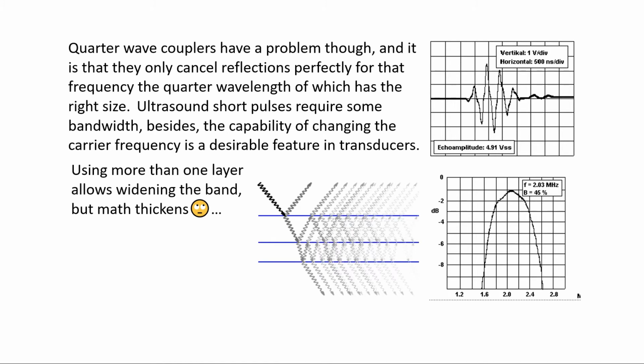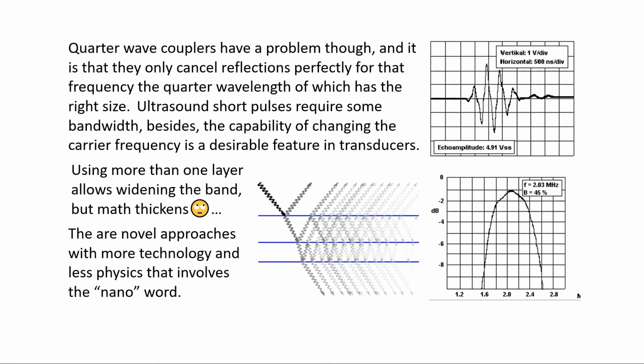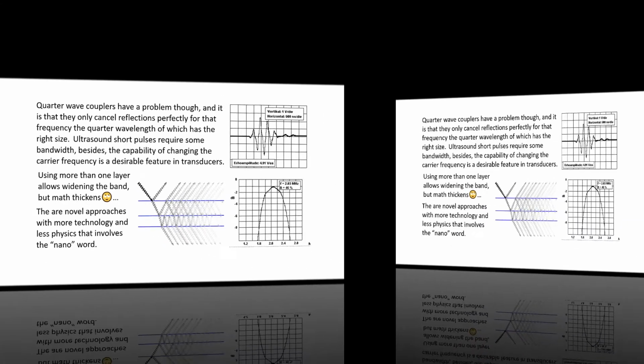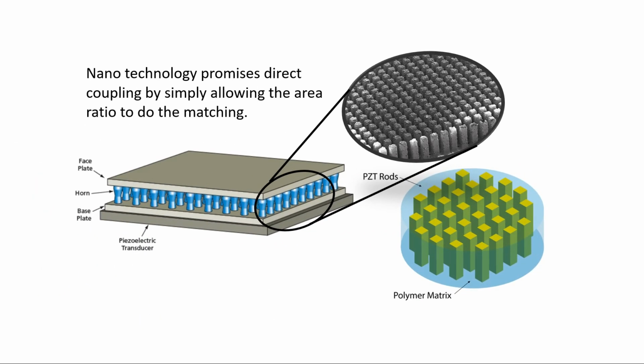Using more than one layer allows widening the band, but the math thickens. There are novel approaches with more technology and less physics that involve the nano word. Nanotechnology promises direct coupling by simply allowing the area ratio to do the matching.